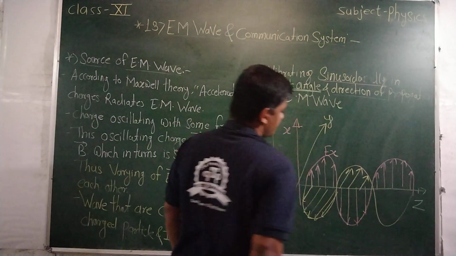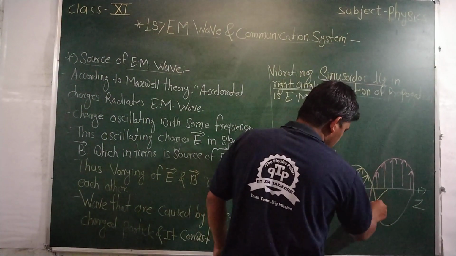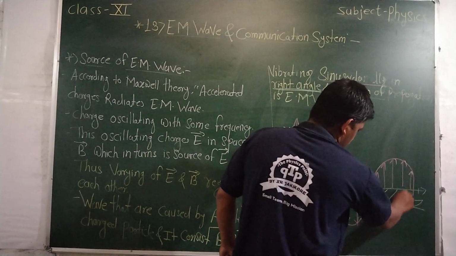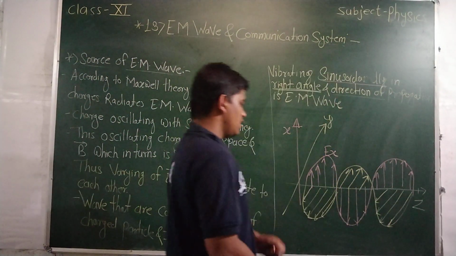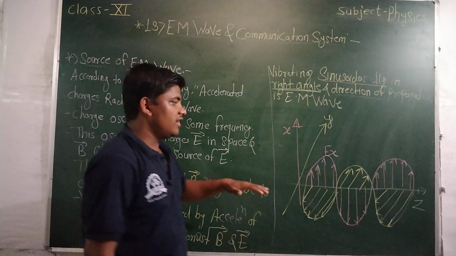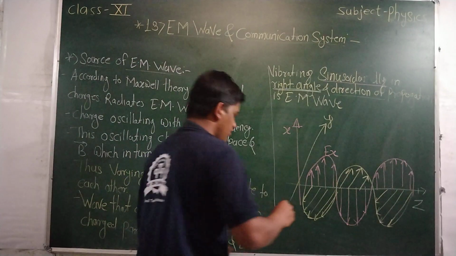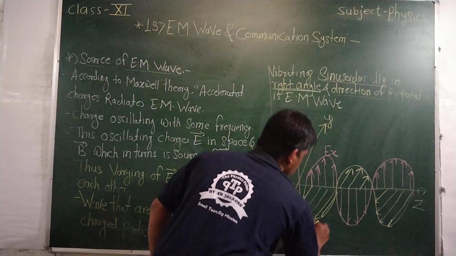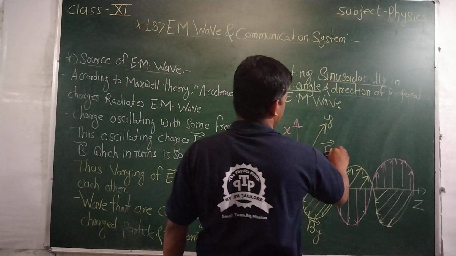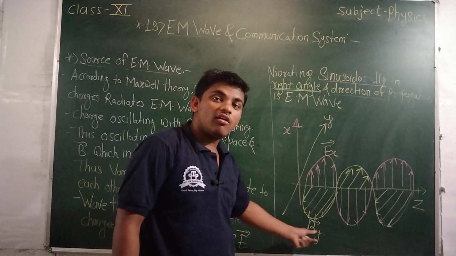All the fields, electric and magnetic, are perpendicular to each other, and I will draw a cross line. They are perpendicular to each other. Then the direction of propagation: this is Ex, the electric field along the x-axis, and the magnetic field along the y-axis.